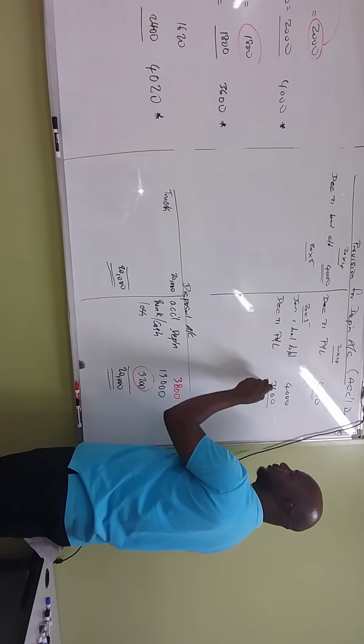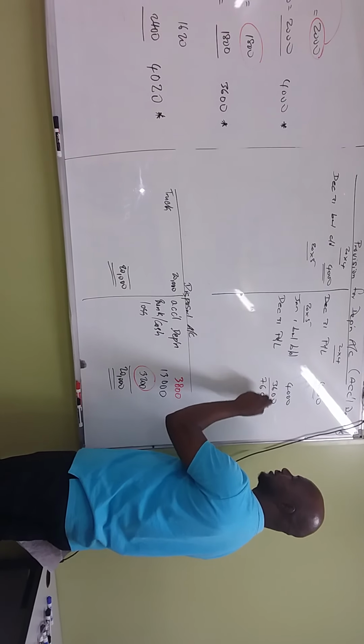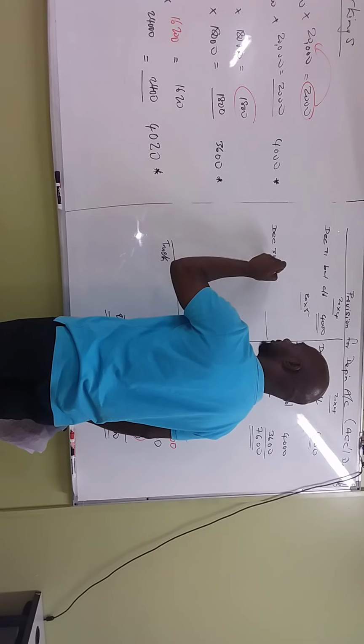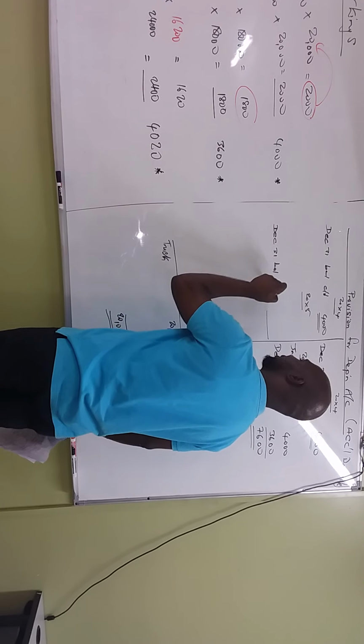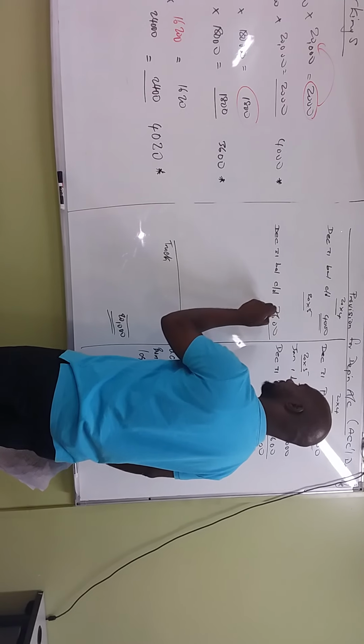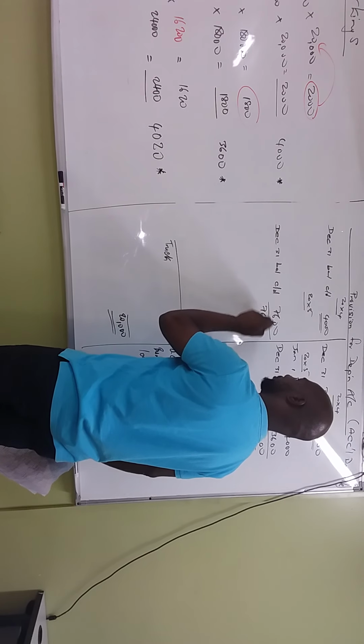When you add these two together, you get 7,600. So you balance off. December 31st, balance CD, 7,600.